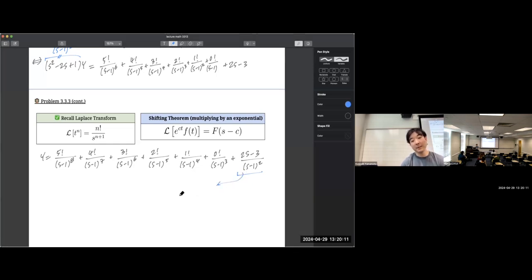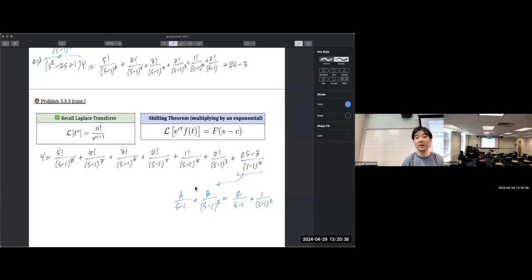So this can be decomposed into A over S minus 1 plus B over S minus 1 squared. And if you were to solve for A and B, which I'll write out, it's really short, it'll be 2 over S minus 1, plus 1 over S minus 1 squared.